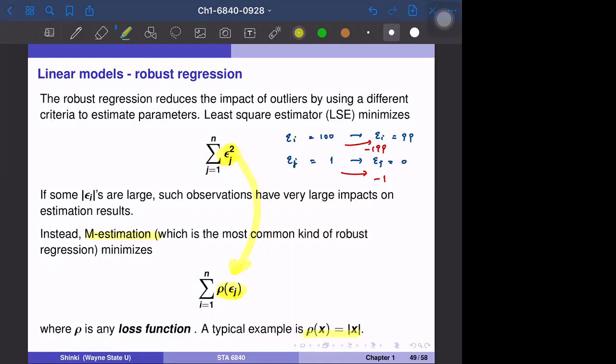A typical example is rho of x is the absolute value of x. So even if epsilon j is large, the impact is much smaller compared to the least square method. So rho is generally called a loss function.